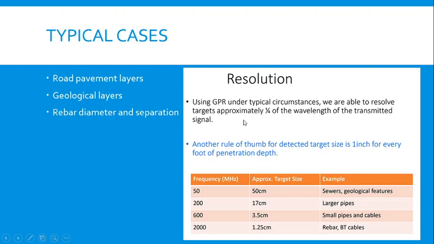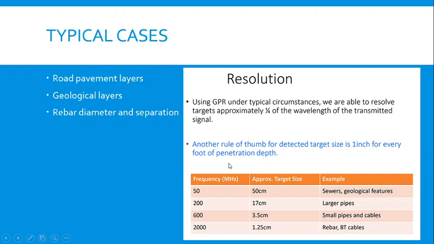The same concept has to be followed here. Using GPR under typical circumstances, we are able to resolve targets of approximately one fourth of the wavelength of the transmitted signal. So we have the signal and we know the velocity, then of course we can get the wavelength, and we divide it by a factor of 4, and then we have the minimum dimension of the size that can be seen clearly.